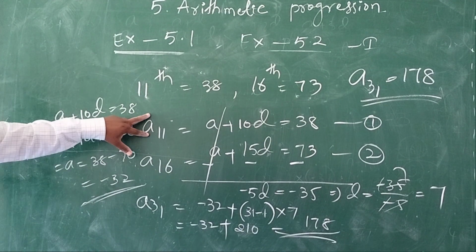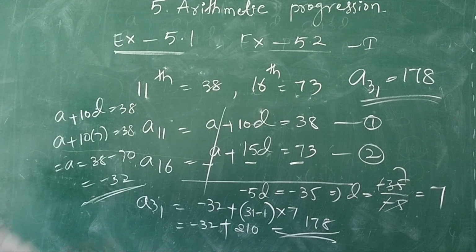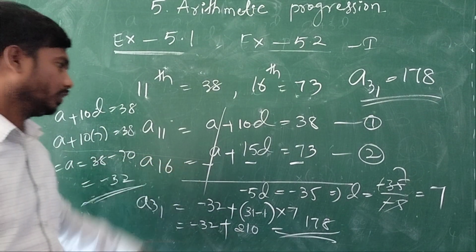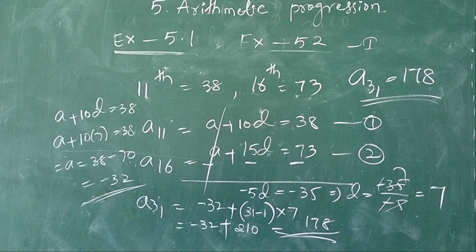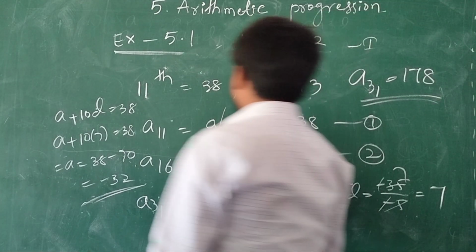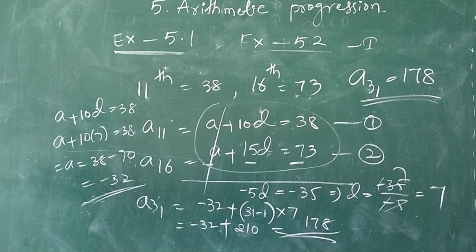For that, first given a11 is equal to a plus 10d is equal to 38, and a16 is equal to a plus 15d is equal to 73. We solve the two equations by the elimination method, as in a pair of linear equations. So I eliminated a.